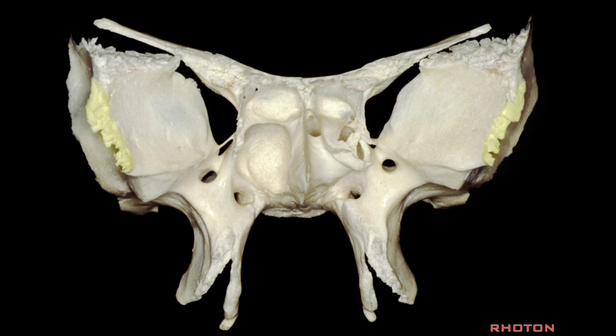Laterally, we want to see the zygomatic articulation with a sphenoid that completes much of the lateral wall of the orbit.